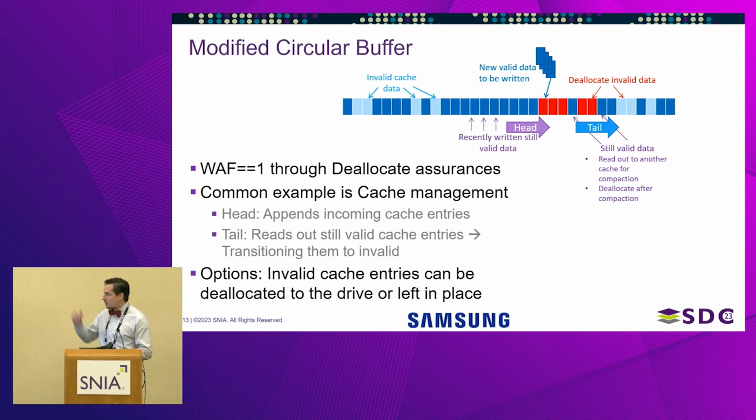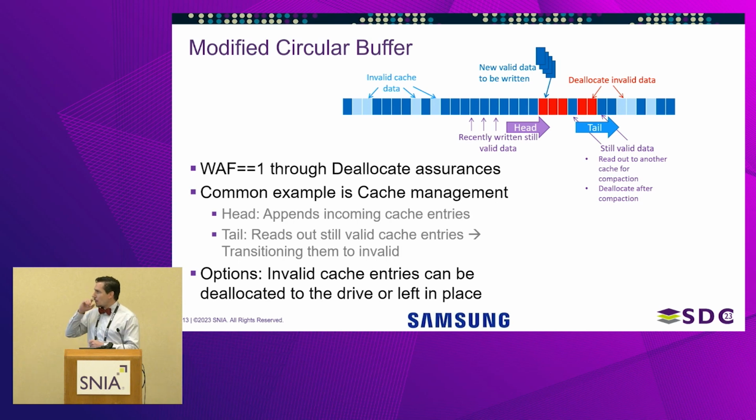So shown there in dark blue is where the tail is discovering it's still valid, and it says, okay, what are we going to do about this? And so they would either move it out to a more permanent residence cache, or they would otherwise handle that.